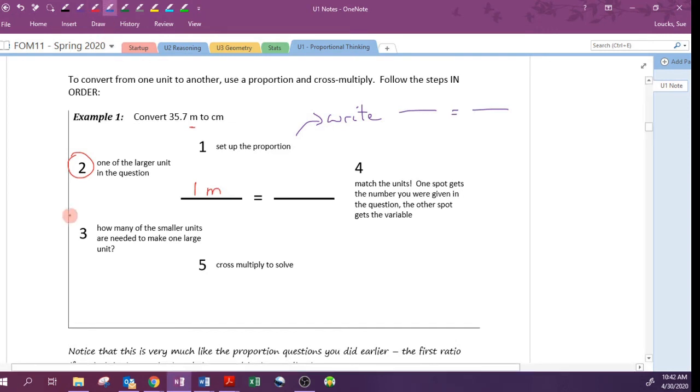Okay. Step 3 is how many of the smaller units do I need to make one of the large units? So if I don't know that offhand, I'm going to go killer hedgehogs dance, base unit, while devil cats meditate. And I need to go from meters, which is the base unit. So that's actually a source of confusion sometimes, is the M down here stands for milli, not meters. Meters is the base unit.